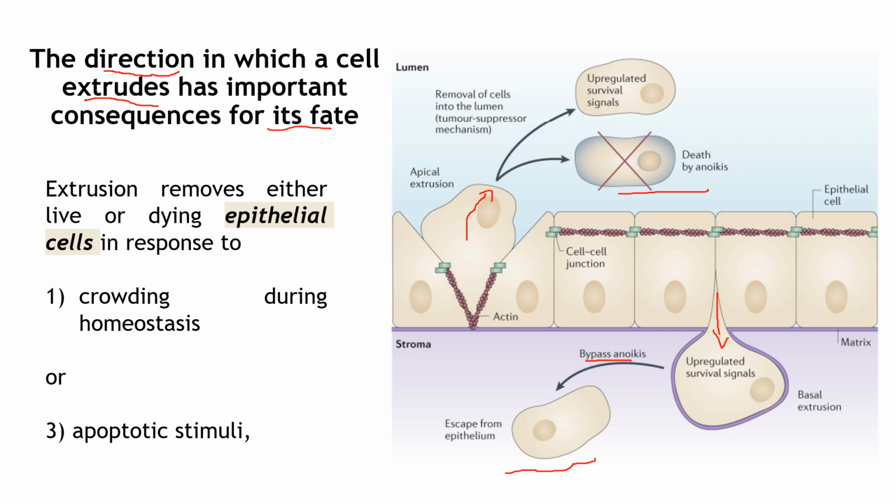What they introduce in this figure is that cells are extruded and removed from the epithelia. They can be removed alive or dead, as we have described, as a response to crowding during homeostasis, during normal processes, or by apoptotic stimuli.